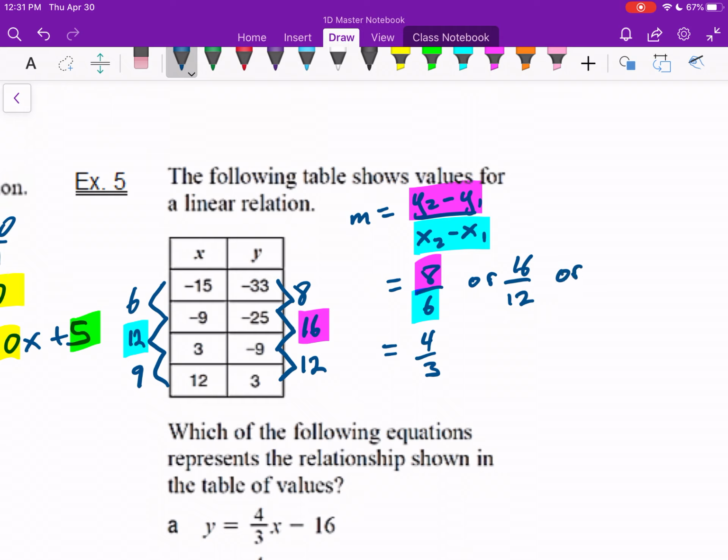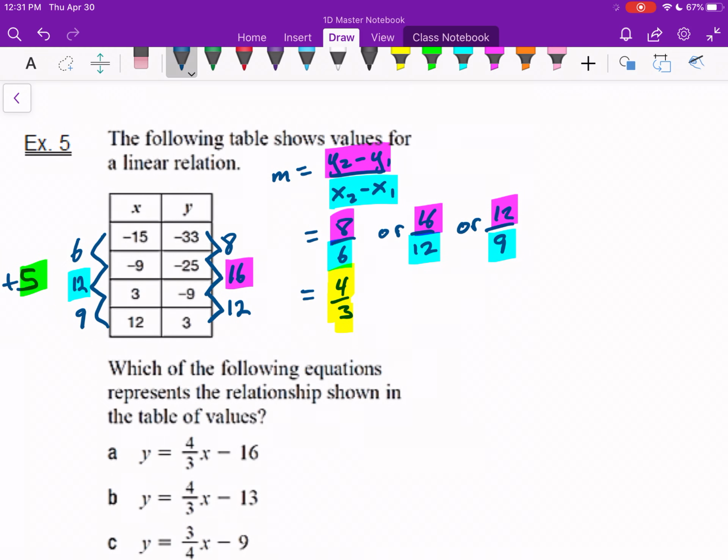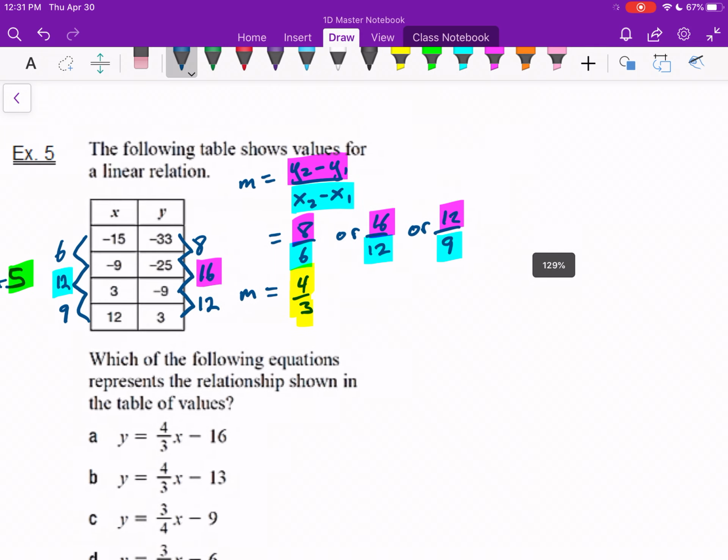Or I could have done 12 over 9. That still reduces to 4 over 3. It doesn't matter which pair of points I use, it's always going to reduce to the same thing if it's linear. So, whichever points I choose, I get a slope in reduced form, which it needs to be, of 4 over 3. Now I have to get the y-intercept.